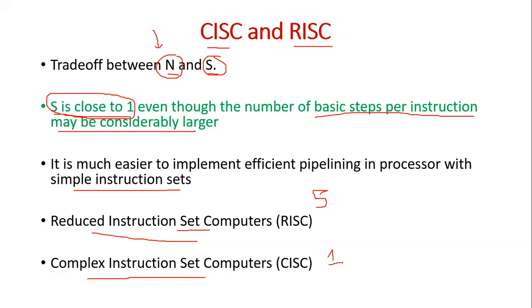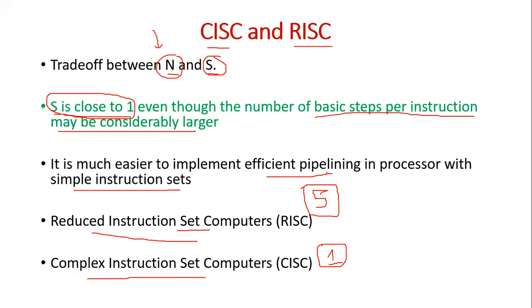But this one instruction will be complex and may perform several operations. Here that one instruction is split into five instructions. So when comparing CISC and RISC machines, RISC with pipelining will produce better results.